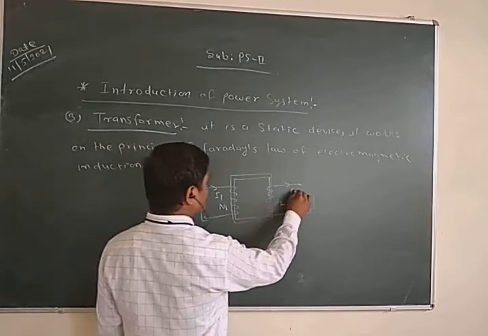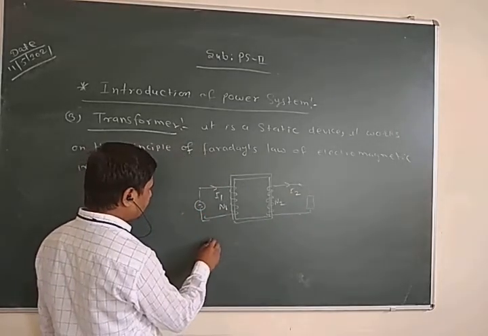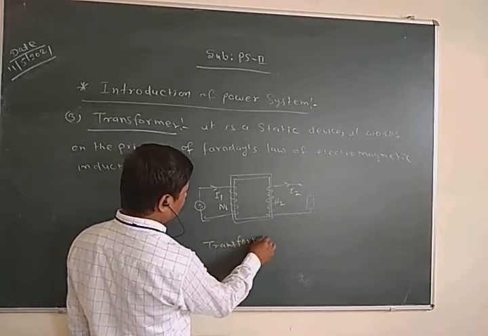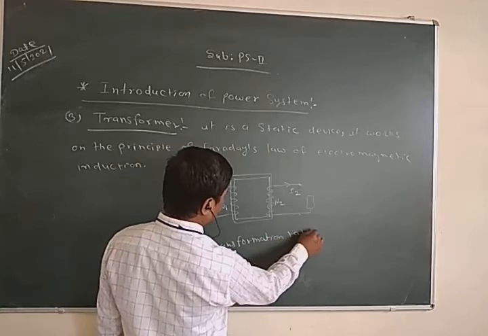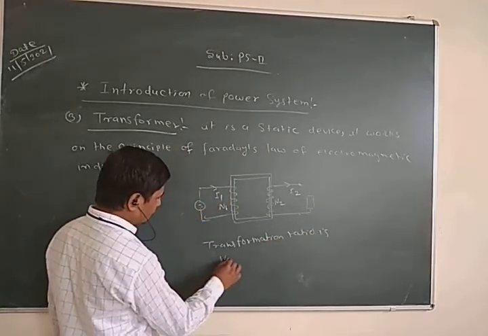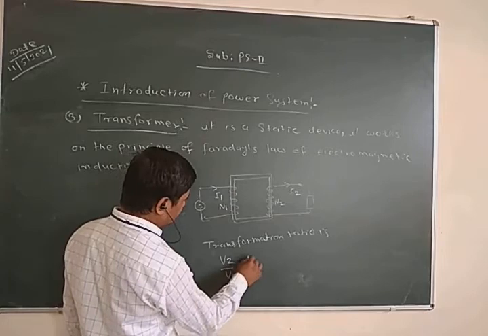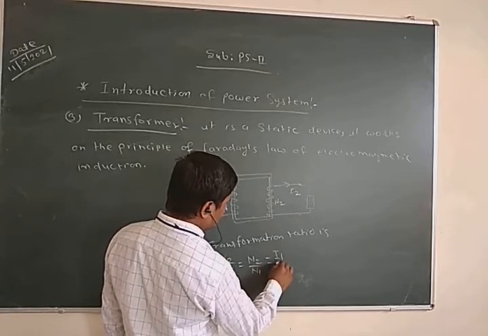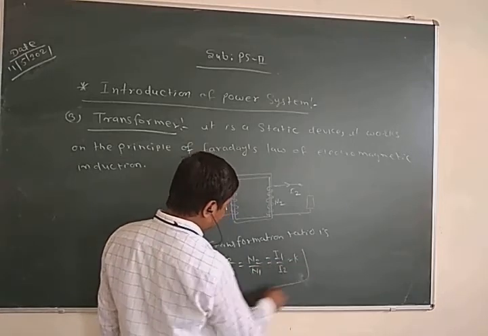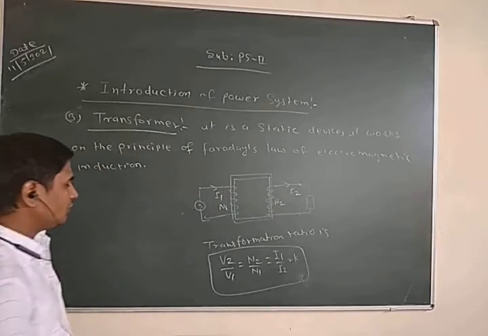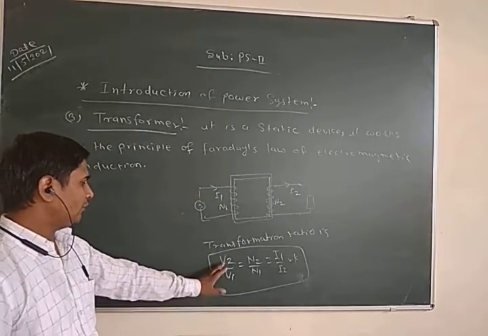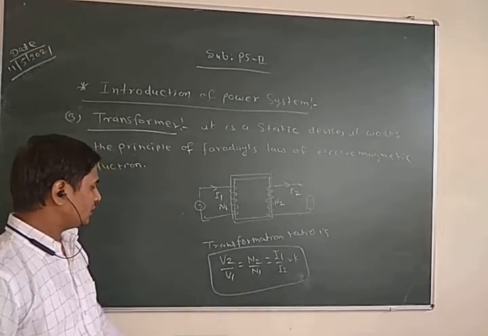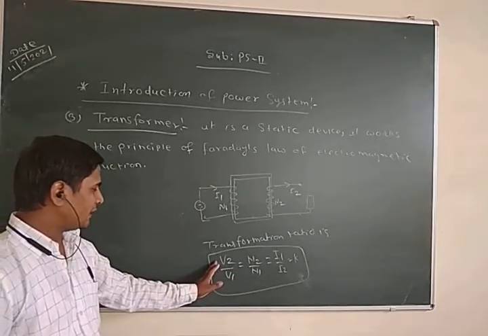Here the currents are I1 and I2, and the transformation ratio is V2/V1 = N2/N1 = I1/I2 = K. From this transformation ratio, if we know the primary voltage and the number of turns in the primary and secondary windings, then we can calculate the voltage at the secondary end.